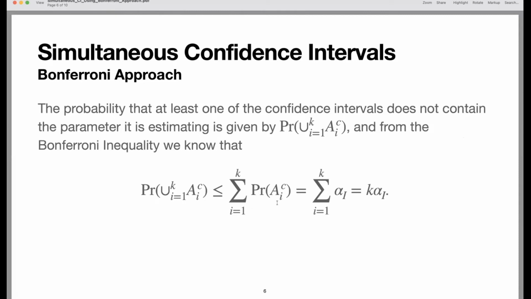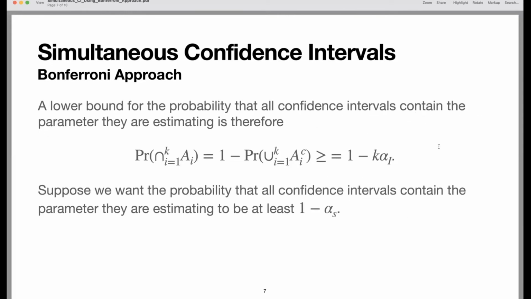Each of these is equal to alpha sub I, so we're just adding up alpha sub I k times, and that's k times alpha sub I. Now, a lower bound for the probability that all confidence intervals contain the parameter they're estimating is therefore 1 minus k times alpha sub I.